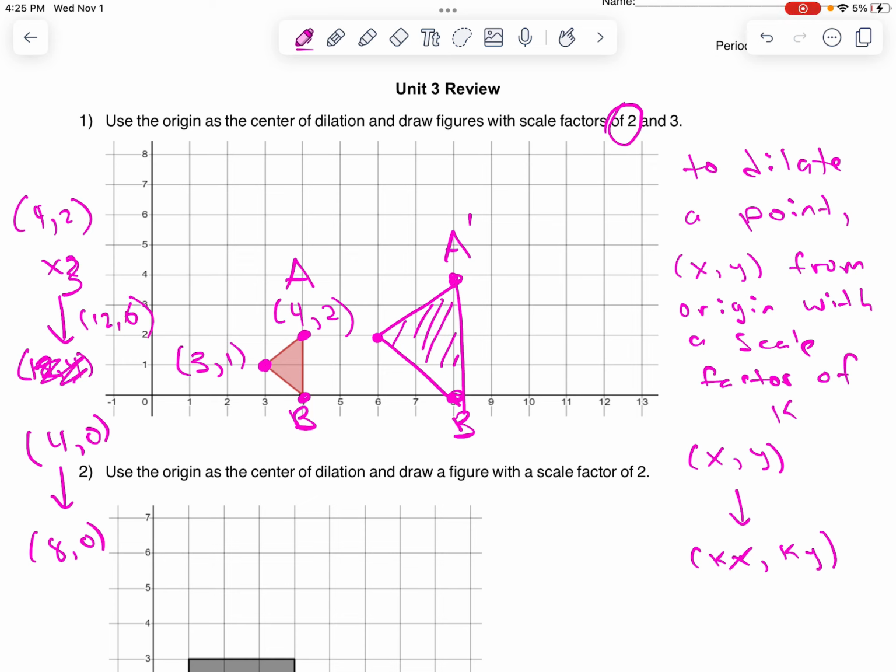And so right here, 12, 6, that's going to be our new point, and we're just going to call this guy A double prime. And if this point was 3, 1, then if we multiply that by 3, that's going to be 9, 3. All right, and then you get your one that's even bigger.